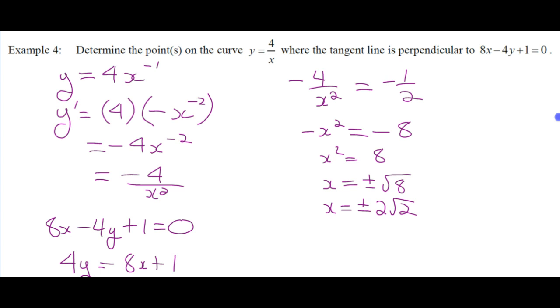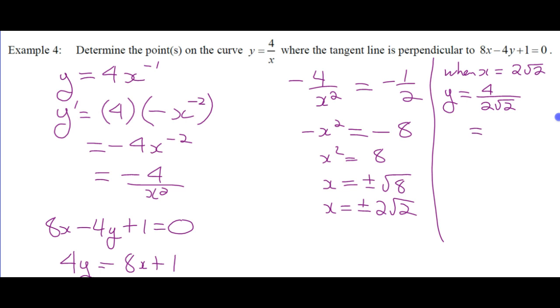So when x is equal to 2 root 2, y is equal to 4 over 2 root 2, which is 2 over root 2, which rationalizes to 2 root 2 over 2, which is root 2.